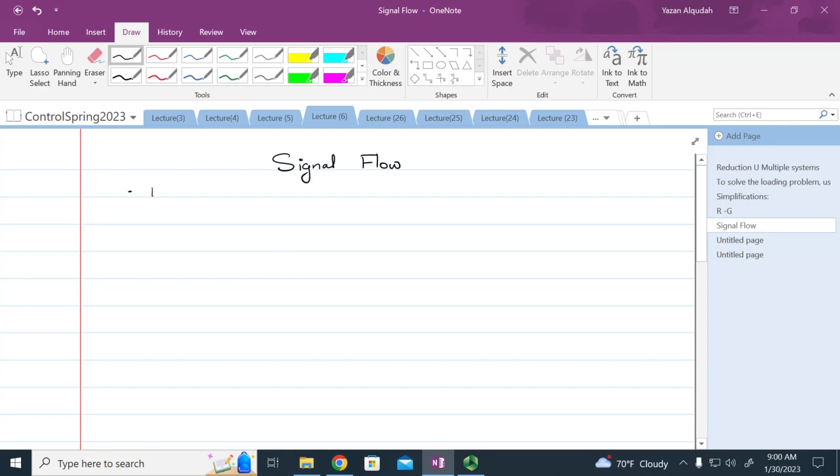This is an alternative representation to block diagrams.